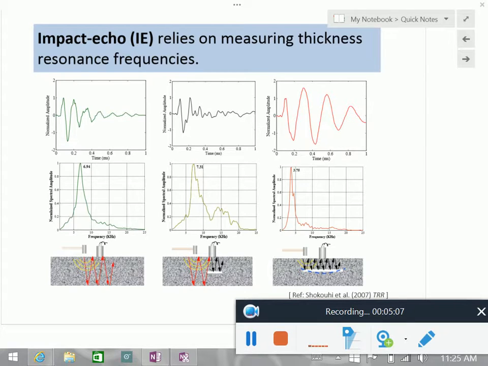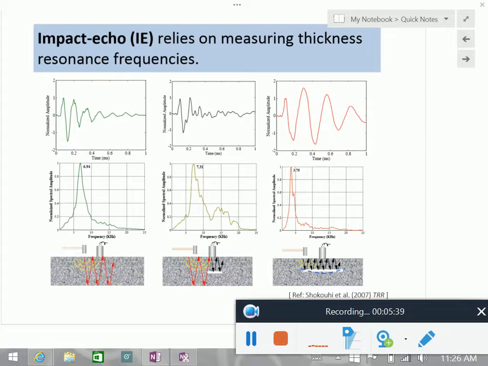So how does it work? The simplest case is you have a hammer. It normally doesn't look like this hammer. You have some sort of a ball that is automatically controlled with your computer, and it drops a ball, and then you have a geophone or accelerometer very close by.